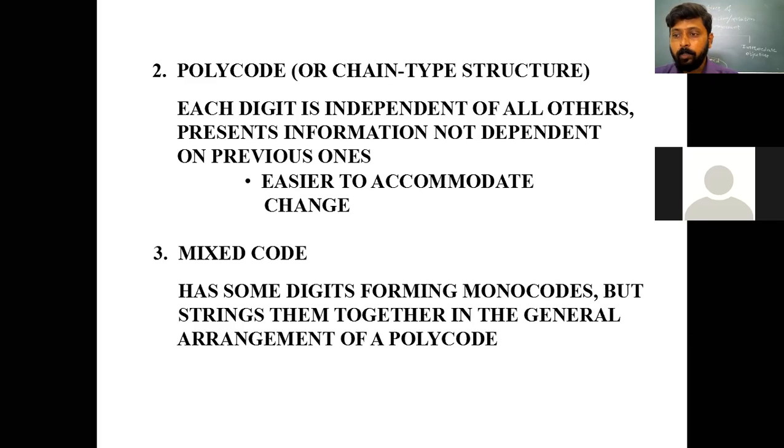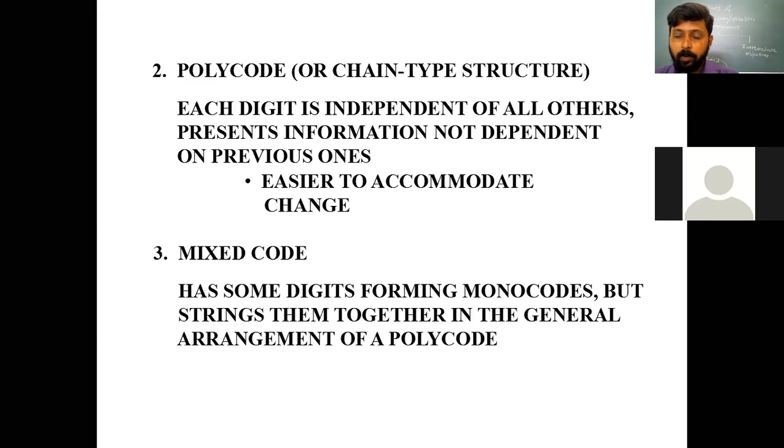But in polycode, there is no link or chain between these digits. Each digit is different, giving different independent information. So this is called polycode.